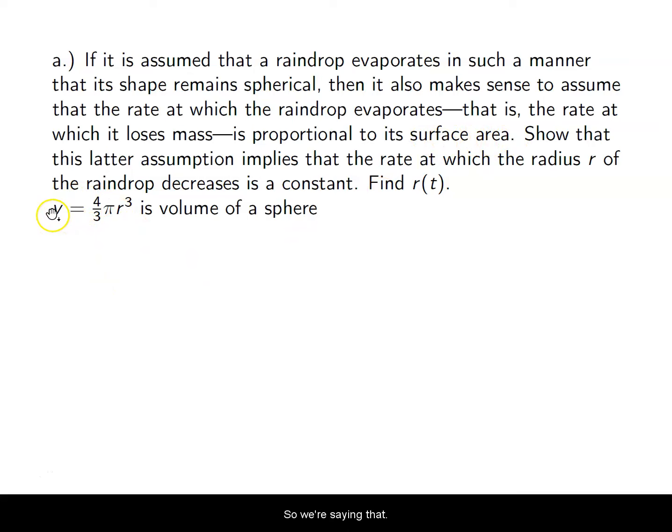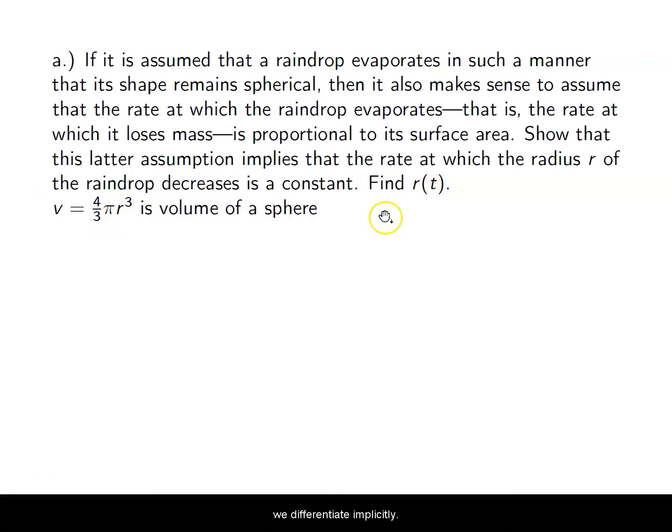So we're saying that the volume changes over time and the radius changes over time. So we're going to take this derivative with respect to t. R here is a function of t. So when we take its derivative, we need to differentiate this implicitly, since there are no t's in this equation, but there are functions of t's on both sides.